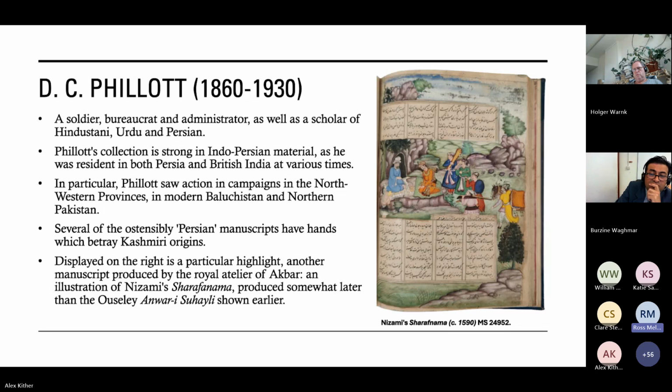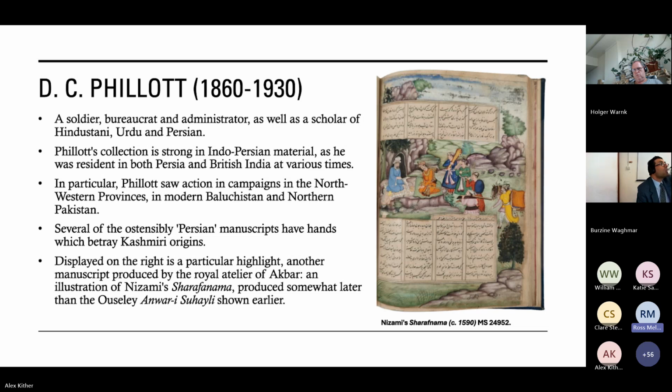and British India at various different times, alongside seeing action in the northwestern provinces, as well as various other locales in the north of India, including Calcutta. Indeed, 7 of what might seem to be boldly Persian manuscripts have details or scribal hands which betray a northwest Indian origin for them.